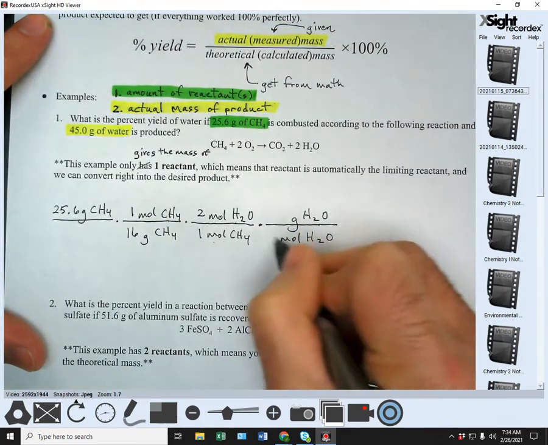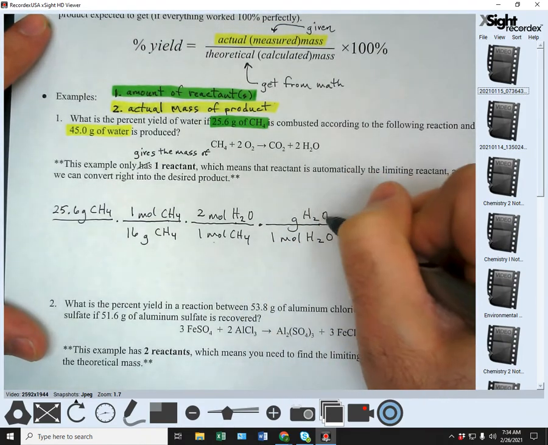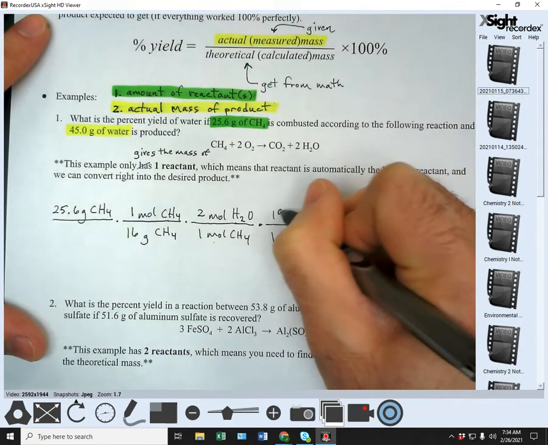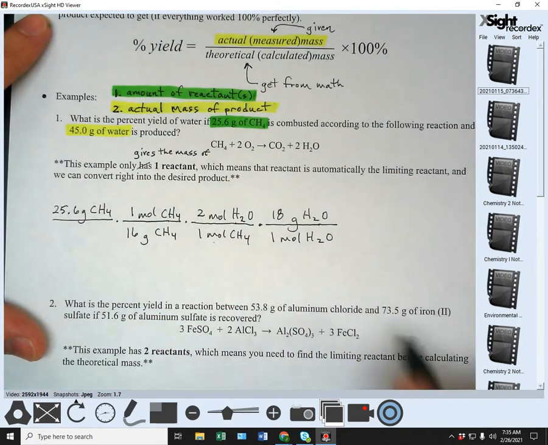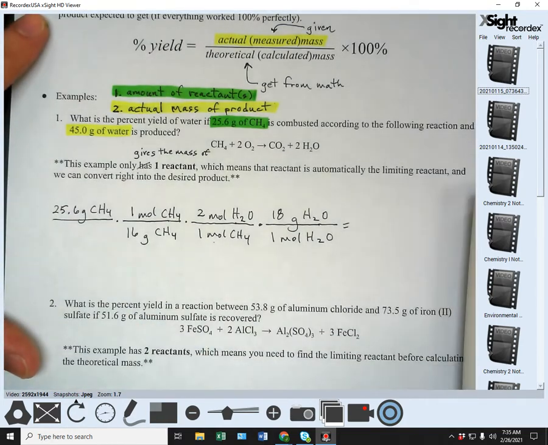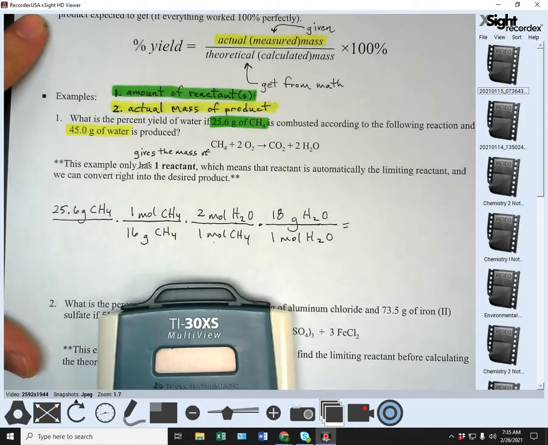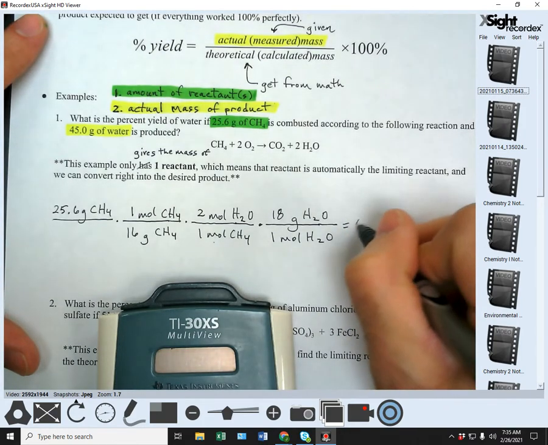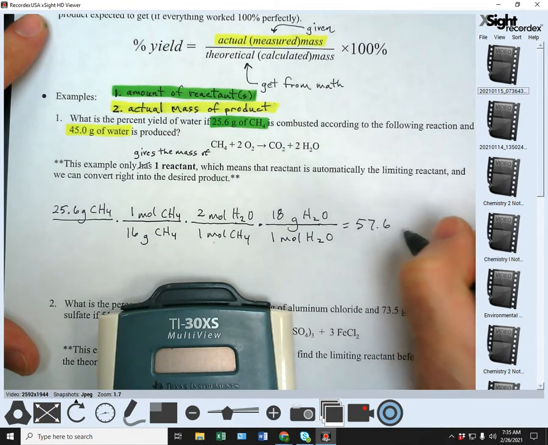Moles to grams is 1 in front of the mole. Grams of water is 18. And we just do the math. So this comes out to be 57.6 grams of water.